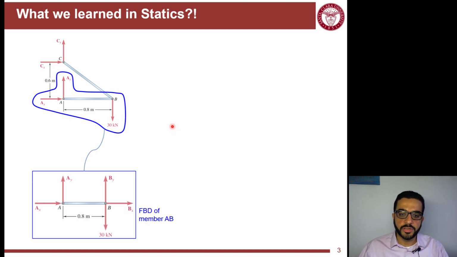We learned that if we imagine that this is a frame, we can dismember part of it, so member AB, and we can analyze its own equilibrium equations. When you dismember it, this reveals the internal forces at B. These did not show in the overall free body diagram, but now they are showing up because we have that specific member analyzed by itself.